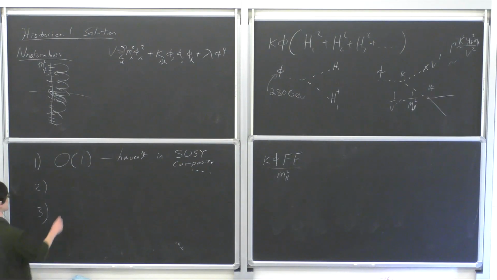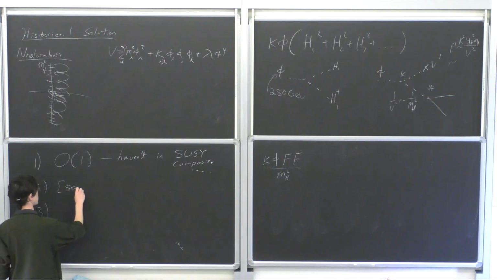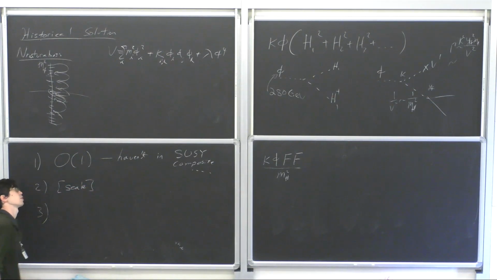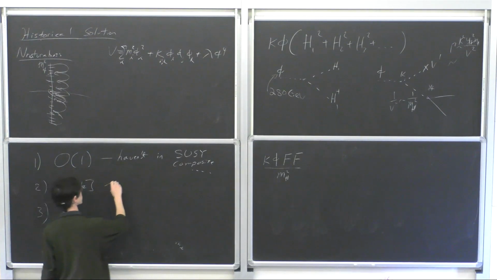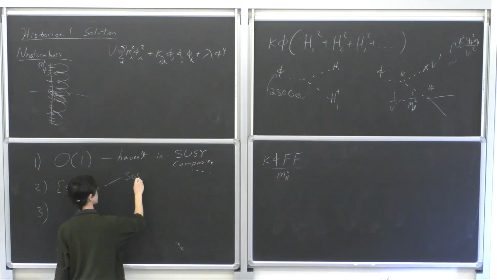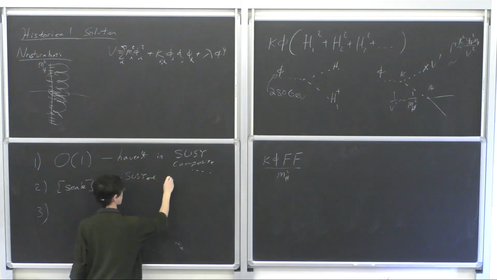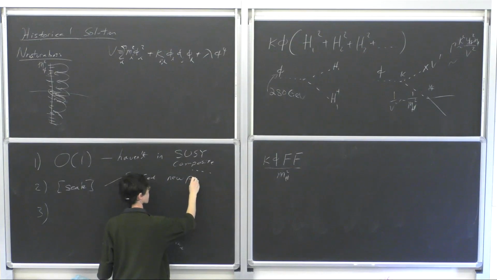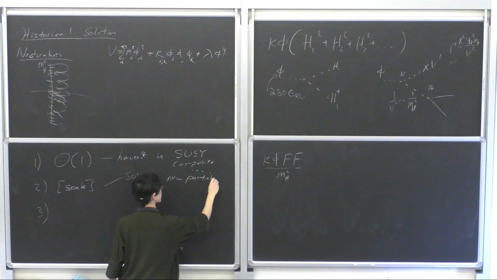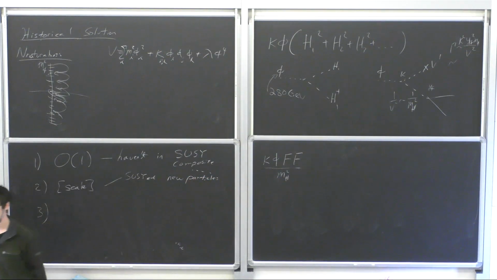I had said what appears at the scale dimensional analysis predicts, it doesn't tell you what appears there. What is true in many of these other models, or in SUSY, etc., is new particles. But again, dimensional analysis doesn't force this to be new particles.